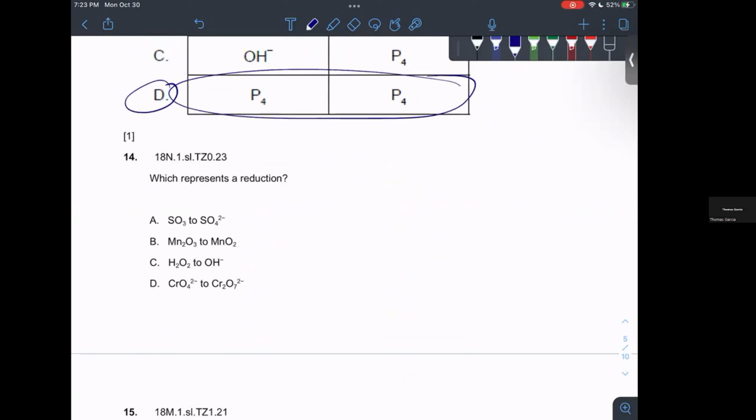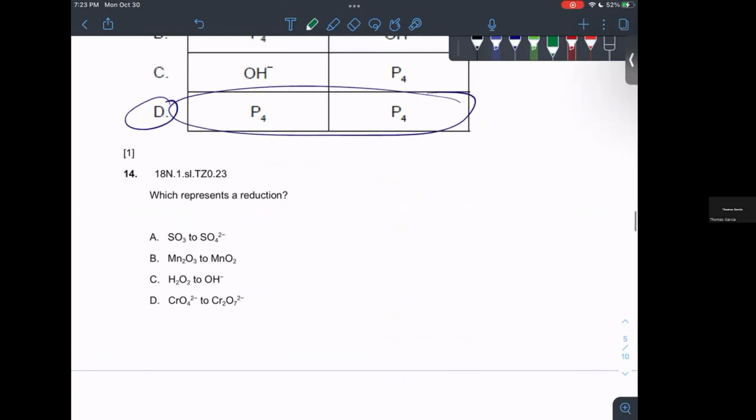Which represents a reduction? So we have to go through each one systematically, but I can already see an answer here. We have SO3, so that means we're going from +6 to SO4 2-, also a +6, no change.